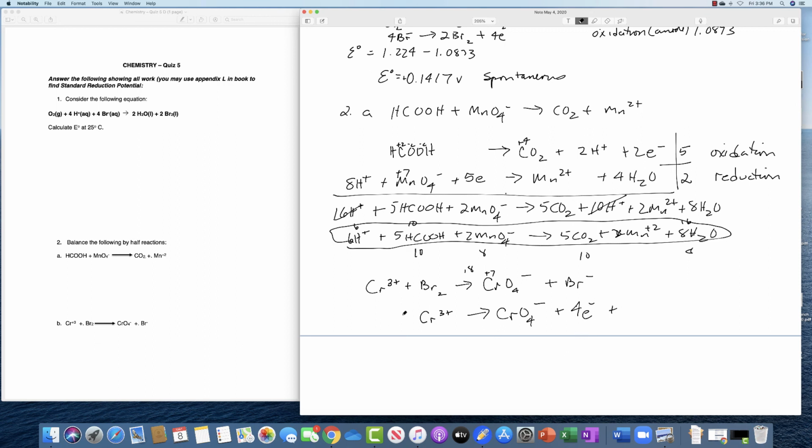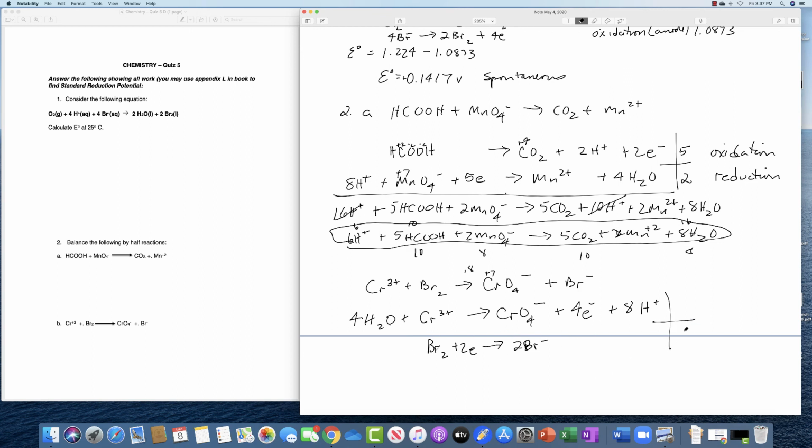Plus, now balancing the oxygens, you have to have 4 H2O on this side and 8 H plus on this side. Then for this one, you have Br2 plus 2 electrons goes to form 2 Br minus.